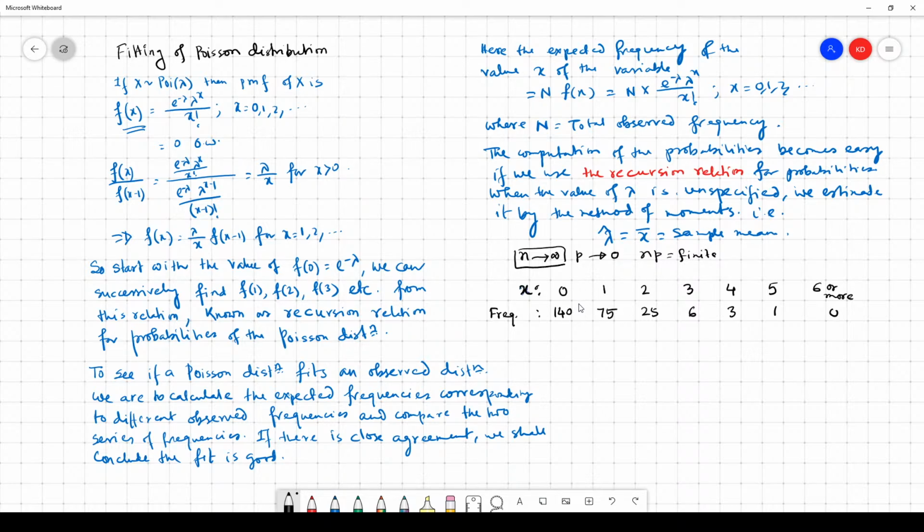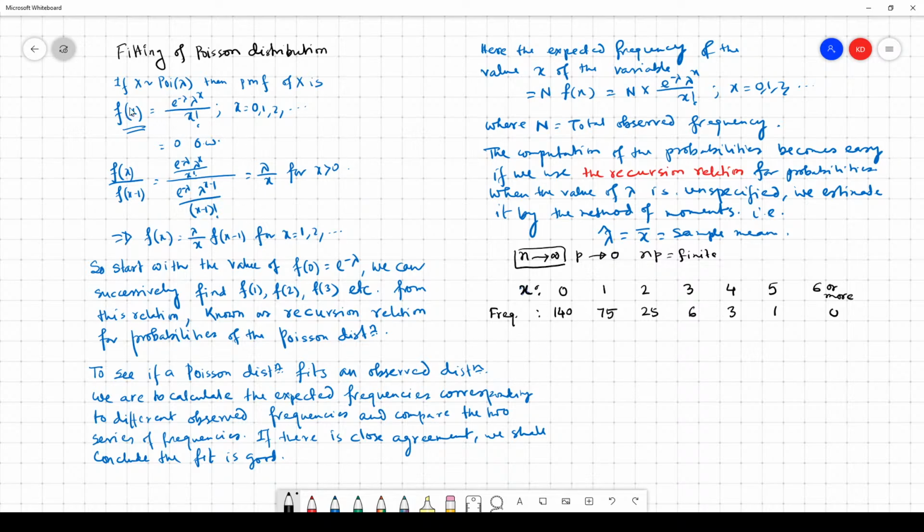So here we observe that this is a Bernoulli random variable, and as the value of x increases, the frequency decreases. Okay, so this is the appropriate situation when the Poisson distribution gives better results.